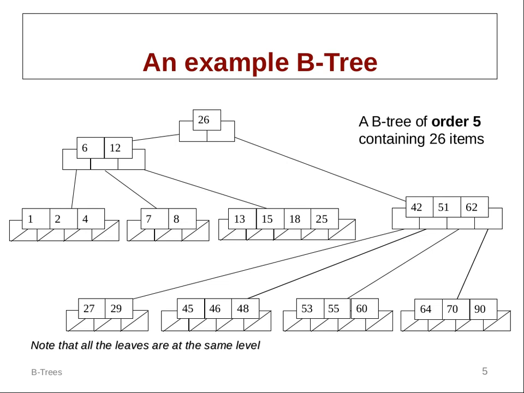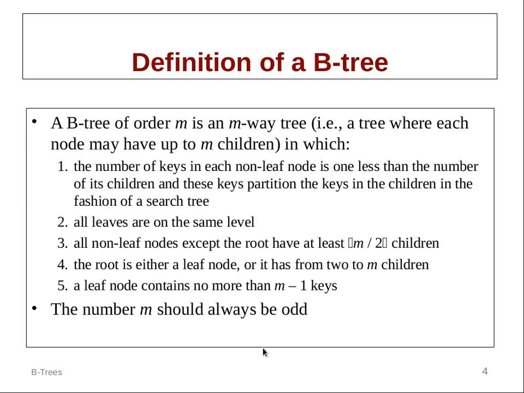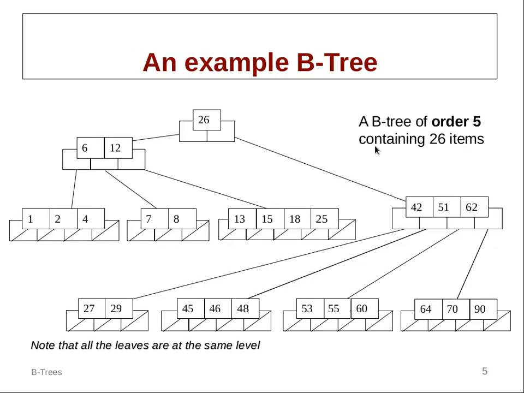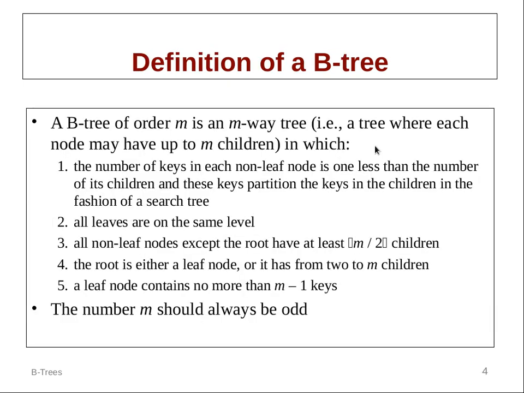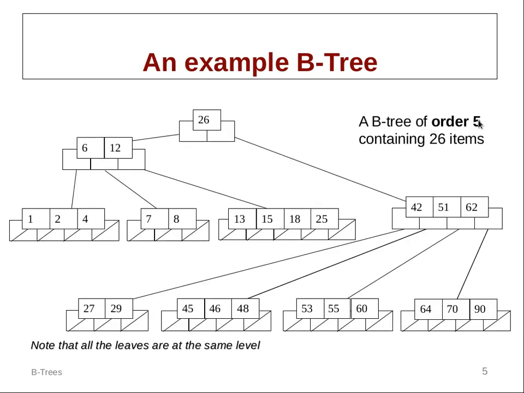So let's see if we can do some good examples. Oh, here's a good one, of order 5. Notice that all the leaves are at the 3rd level, because you go 1, 2, 3, and 1, 2, 3 down here. And then what was the other rule? All non-leaf nodes except the root have at least m divided by 2 children. So 5 divided by 2 is technically 2.5, but since it's an integer, you round down, which makes it 2.